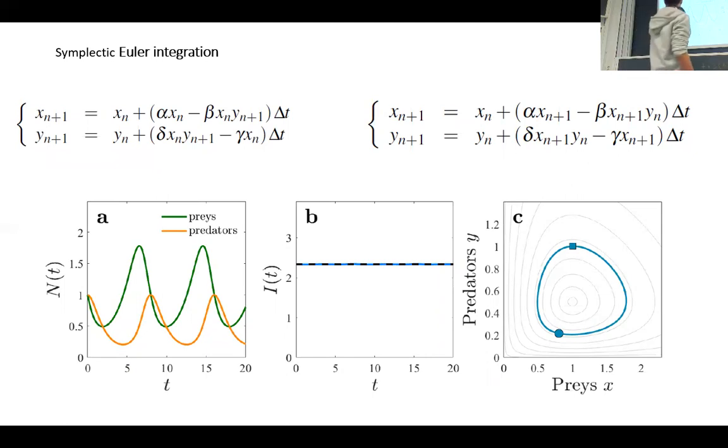When we calculate the next point, we take, for example, the current point for prey and the next point for predators, or we can do vice versa. We can take the next point for prey and the current point for predators. This gives an approach very similar to what we explained as the leapfrog algorithm in the first lecture. So this is for the case of multiple variables, where we take one.